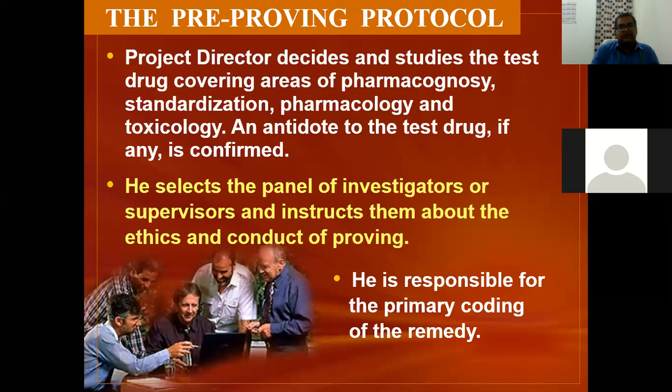Before proving, whatever preparation should be taken, everything should be cleared. He selects the panel of investigators, the supervisors, and instructions about the ethical conduct of proving. Meaning before proving you have to take proper clearance from the ethical committee.